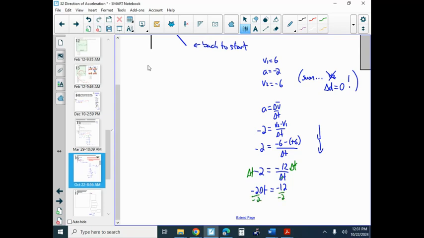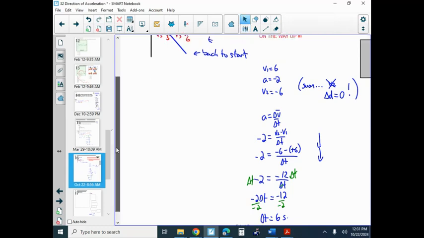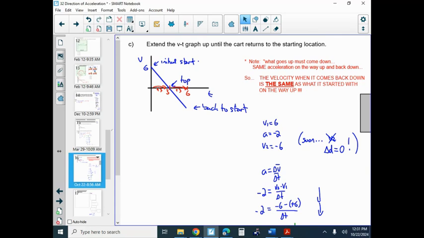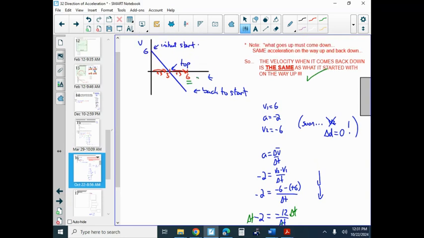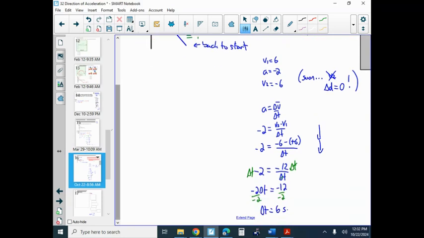Dividing by -2 gives us 6 seconds, right? So this logic here of it being just another 3 seconds, because it's the same acceleration on the way down and so on, is confirmed, right? And again, I'm hoping we come back to this, that you're sort of looking forward to learning these new things.